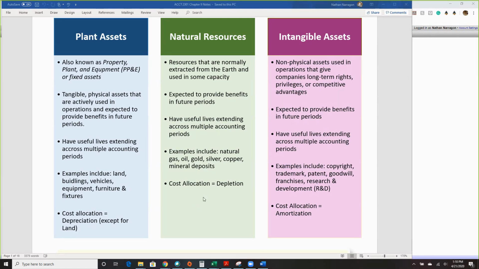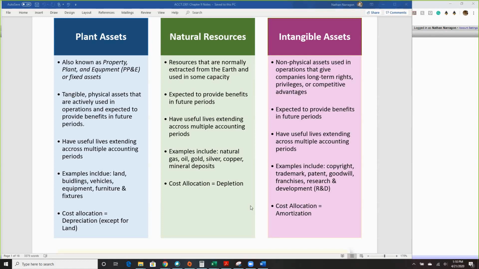The next category of fixed assets that have a kind of depreciation is natural resources. And a natural resource is categorized as any resource that we can pull from the earth. So, this is your natural gases, your oil, your gold, silver, copper, diamonds, so forth and so on.